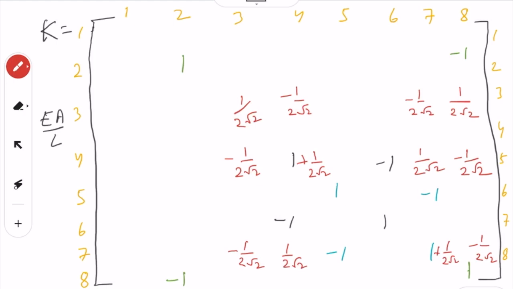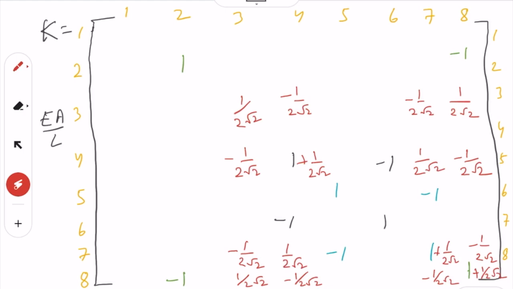So here we have 1 over 2 root 2 minus 1 over 2 root 2, and we have here minus 1 over 2 root 2, and we will have 1 plus 1 over 2 root 2. Yeah, because 1 is existing already, so hence we wrote like that. Okay. So now it's all complete.